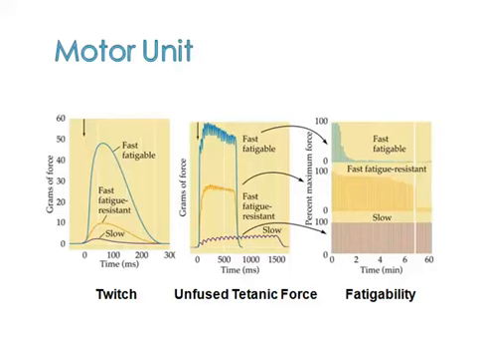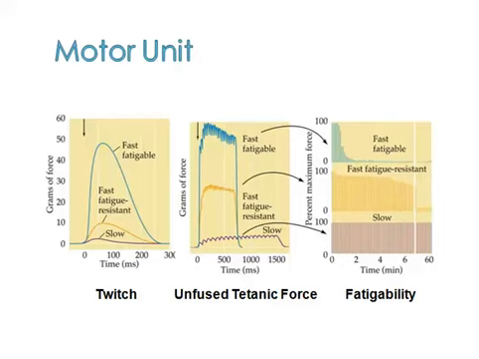But you can also, in another scenario, build upon the previous firing. So if we have it fire and then immediately fire again and immediately fire again, then the force just continues to build up to a certain point. So we see near limits in this middle image of the amount of force that each of these motor units can generate, with the fast fatigable obviously much, much greater than the fast fatigue resistant and the slow twitch.